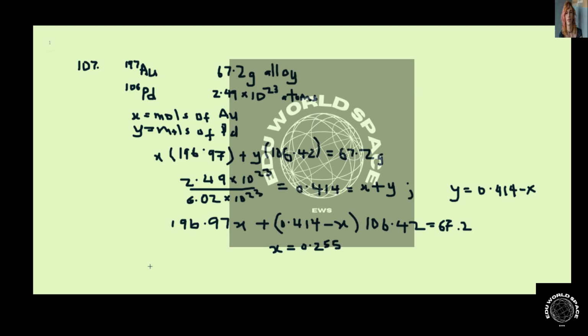So in order to find the mass, because you're supposed to find the percent composition by mass, all we have to do is find the mass of gold, right?